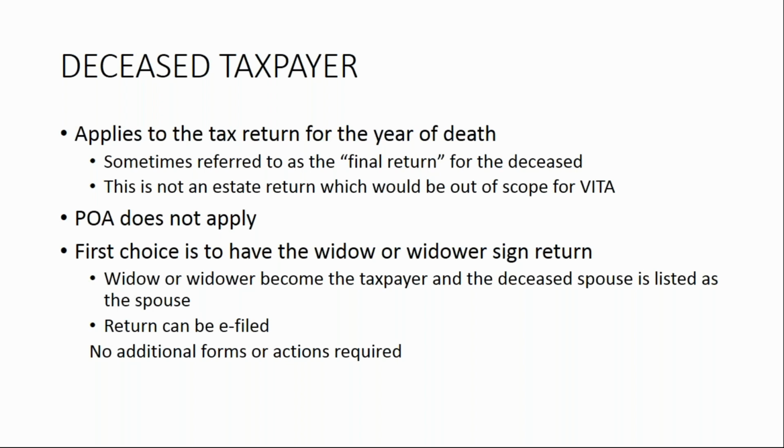So I strongly recommend that if you call it forward from last year, you take the time to flip the two names, making what was last year the spouse now the taxpayer, and who was the taxpayer last year the spouse. So hopefully that's clear, and it's very important. And I know we get into this often at our tax site. If you're in a situation like that, you do the tax return like normal, and the return can be e-filed. There's no additional forms or any action required to deal with that deceased taxpayer.